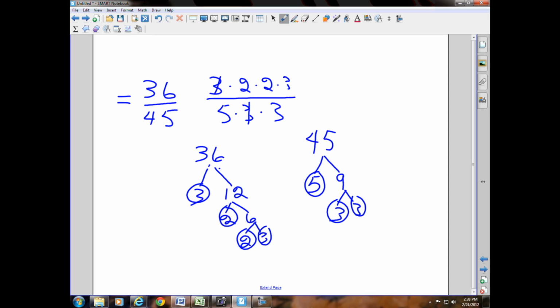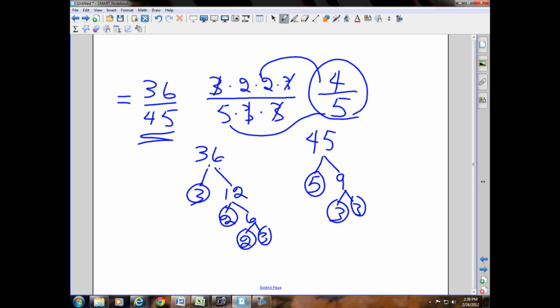We have a 3 there, a 3 there, 3 there, and there. We don't have any 5s on top. We have 2 2s, no more 2s. So we combine these 2 2s together. 2 times 2 is 4, and we bring our 5 over, and so our simplified version of 36/45 is 4/5.